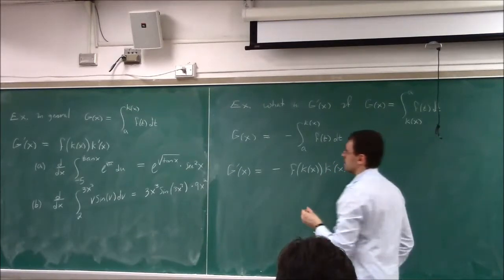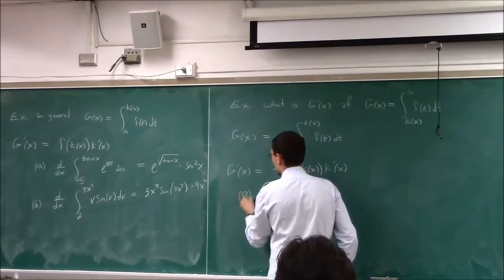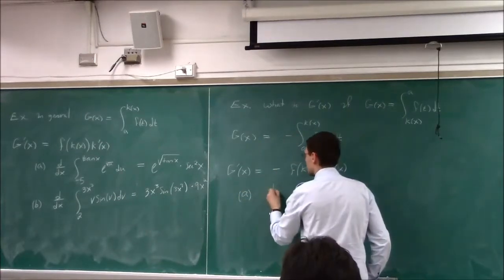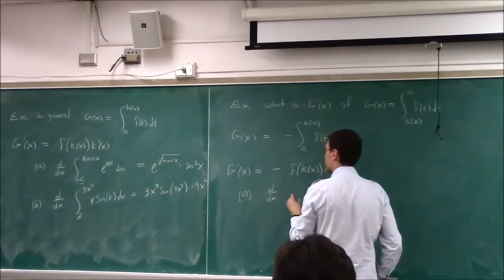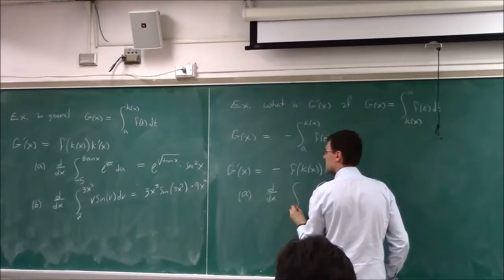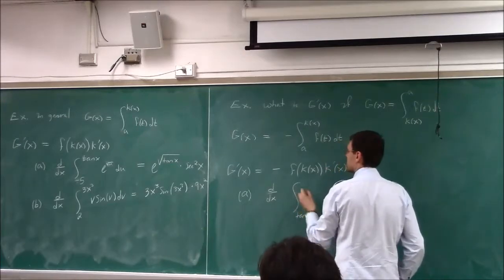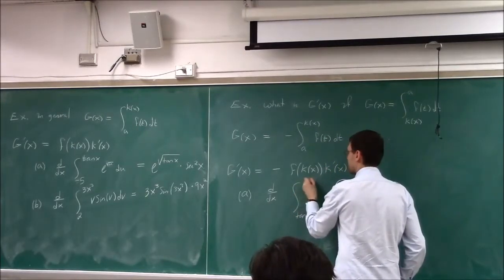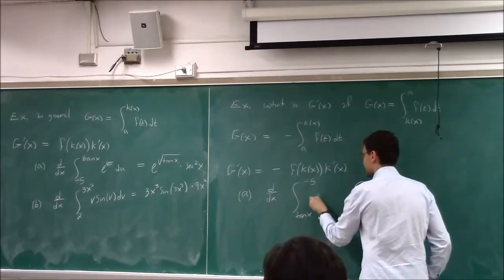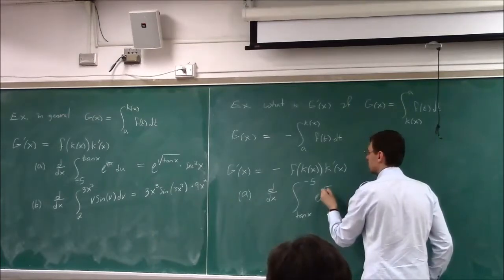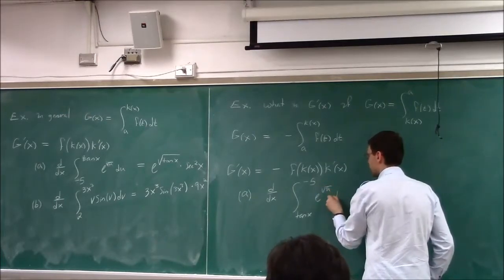So example, let me just give you one example. Let's say we calculate d/dx of the integral from tangent x to minus 5 of e to the root u du.